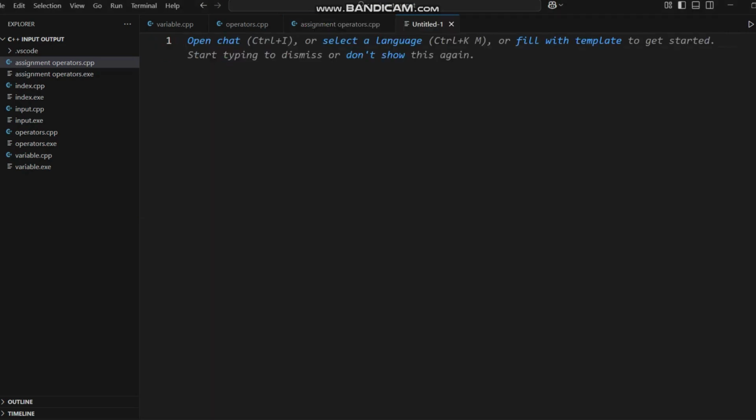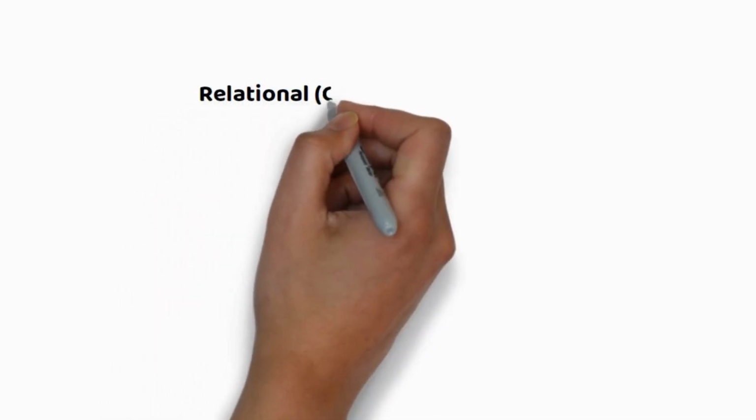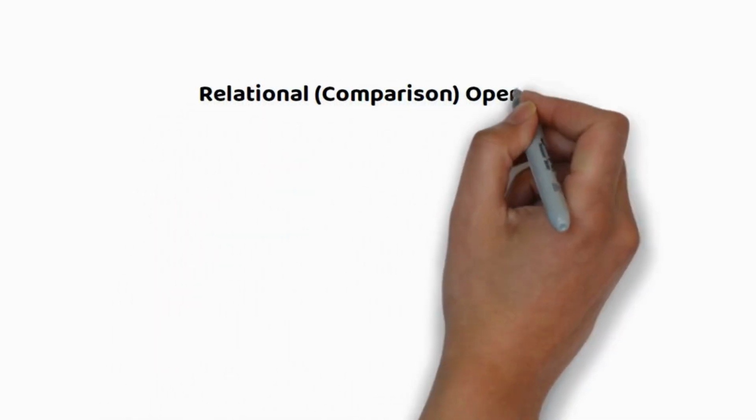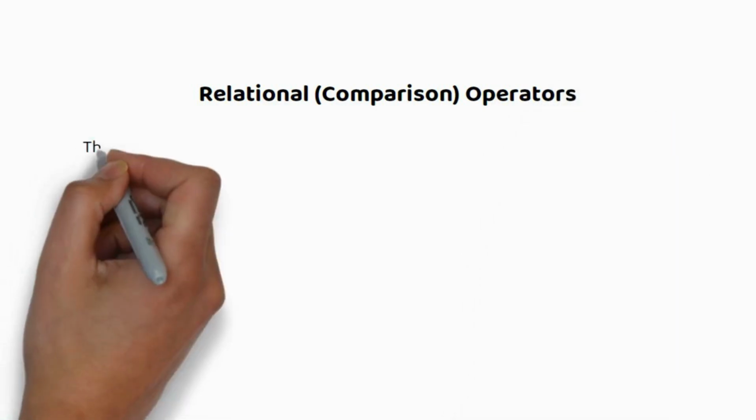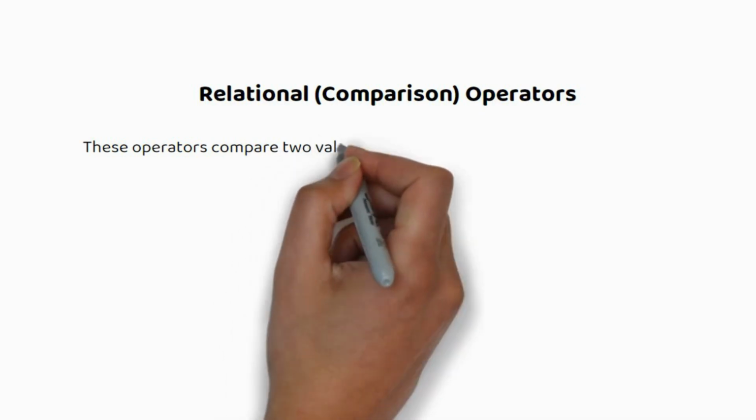Now, let's move to comparison operators, also called relational operators, in a new file. These compare two values and return true, 1, or false, 0.